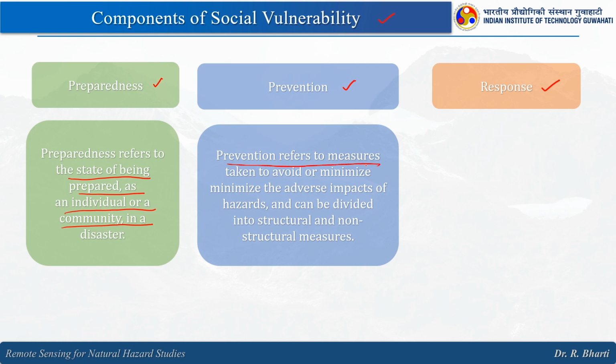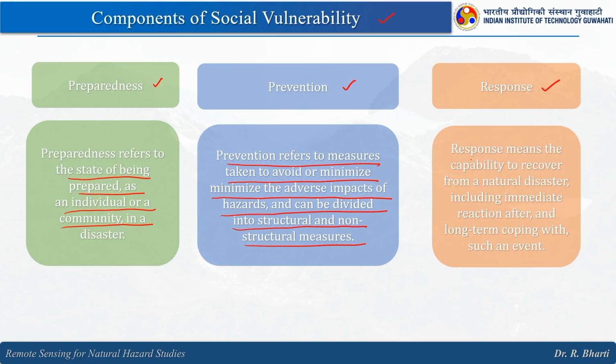Prevention refers to measures taken to avoid or minimize the adverse impact of hazards, and can be divided into structural and non-structural measures. And response means the capability to recover from a natural disaster, including immediate reaction after the event and long-term coping with it.